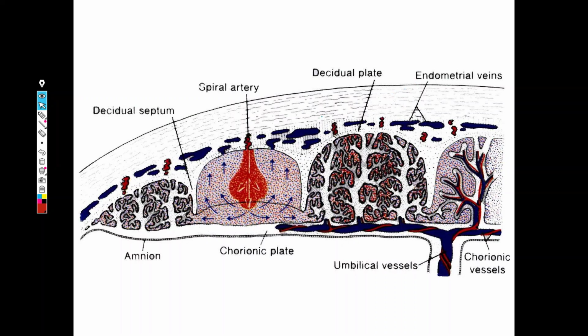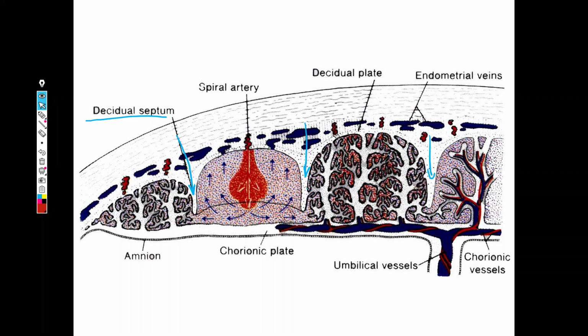We have some basal decidua here and the chorion, which is making up the placenta. You can see here the decidua is protruding into septa. We call this the decidual septum, and these septae are dividing the placenta into parts, and these parts are called cotyledons.